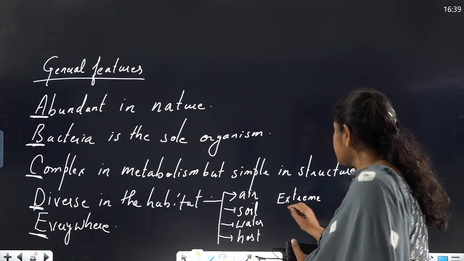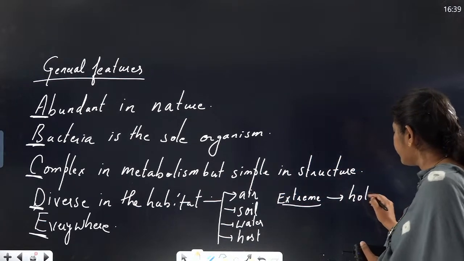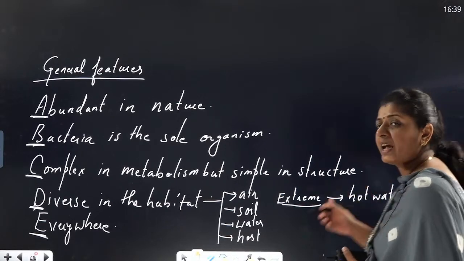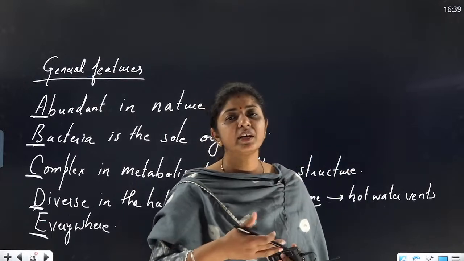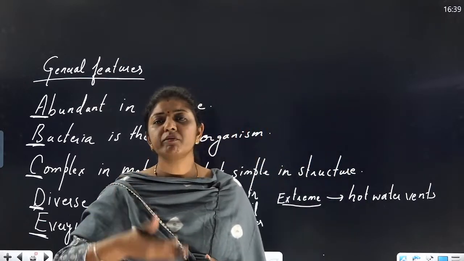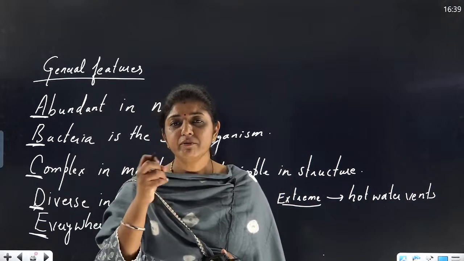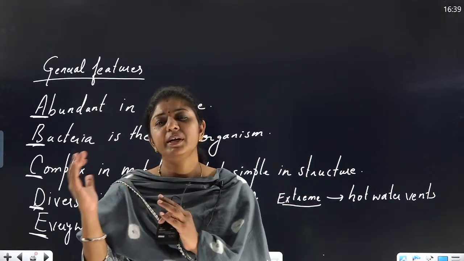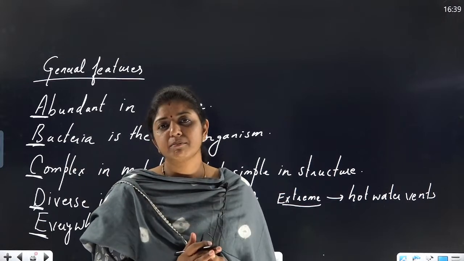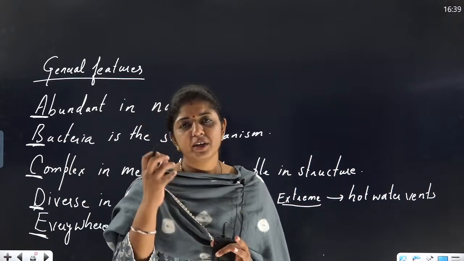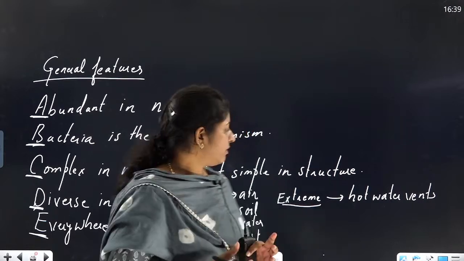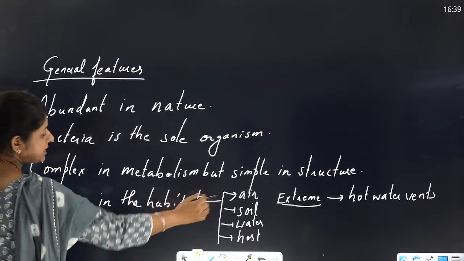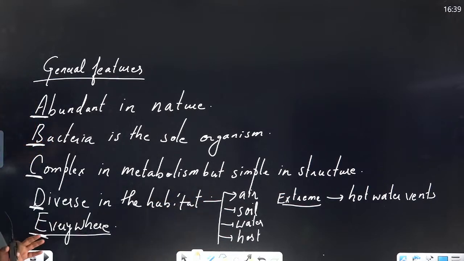Extreme habitats means in the hot water vents, where the volcanic eruptions are coming out. Even the geysers. Geysers means the hot water coming out, even at those places bacteria will be there. Not the same examples, but different bacterial examples based on their origin or the group they belong to, right? So extremities they are even there. Everywhere means even in air, soil, water and the host.